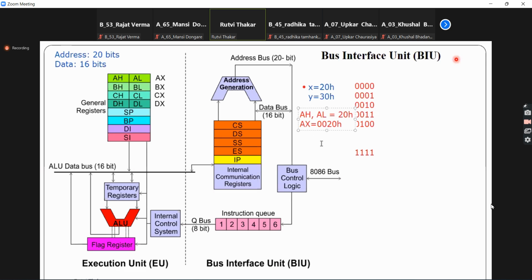Next, the instruction. We are not yet at the instruction, but simple. Storing means you are moving it. So I'll just write MOV AH, 20 hex. This is the way your first instruction goes.